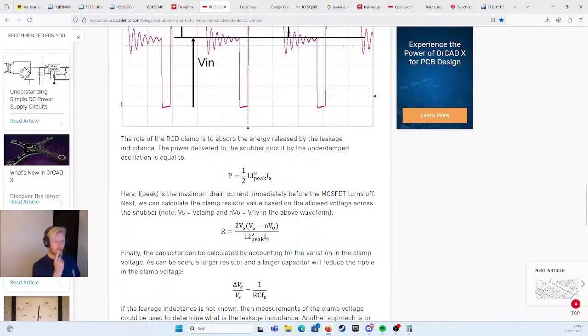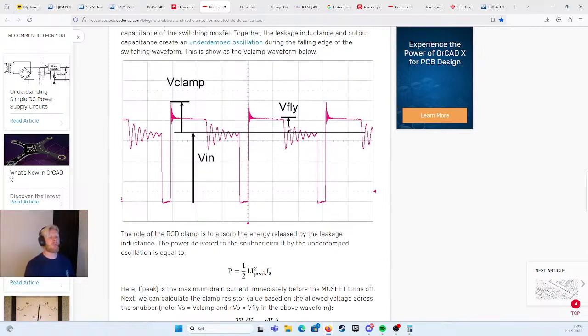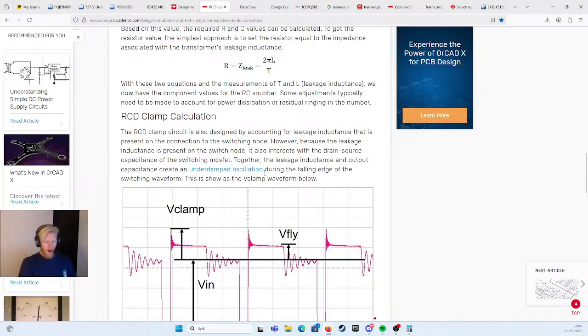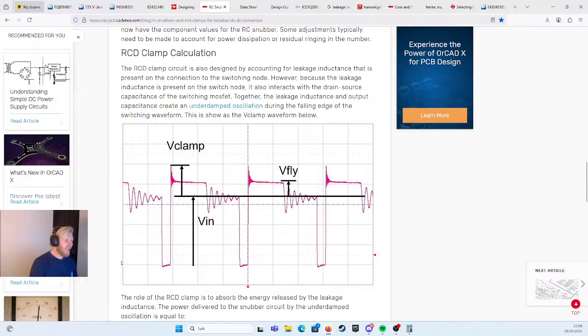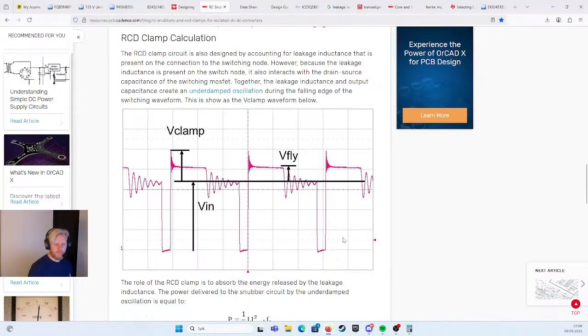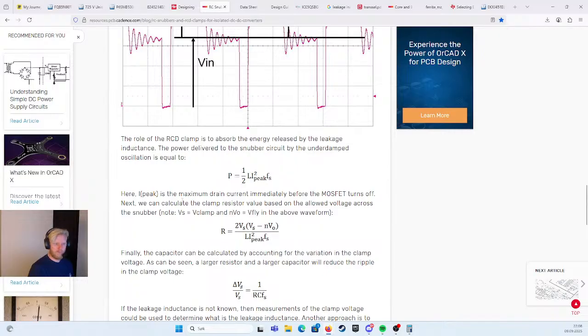Next, we can calculate the clamp resistor value based on the allowed voltage across this. Note Vs is equal to V clamp and NVO is equal to V fly in the above waveform. Okay. Getting tired. So Vs is the clamp. Yeah.